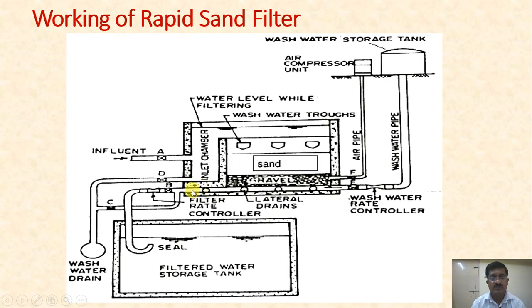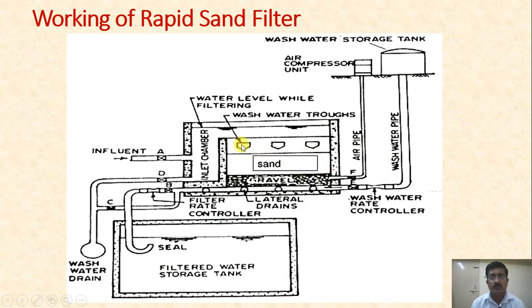Please concentrate on this. These are the lateral drains, which are perforated pipes, and this is the central drain. Above that the gravel layer is there. Gravel, as we have discussed, may be placed in various layers as per the particle size. Similar thing is with the sand also.